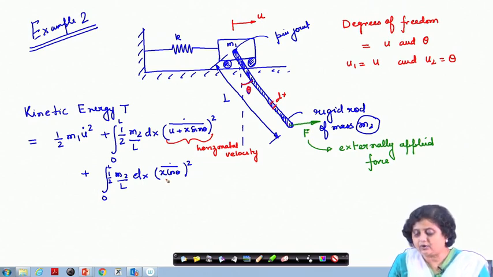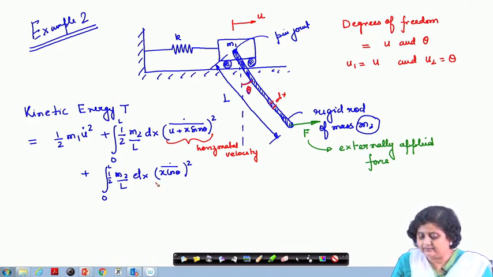Now, what is x cos theta? x cos theta is the vertical displacement of the mass. So, this is the vertical velocity.